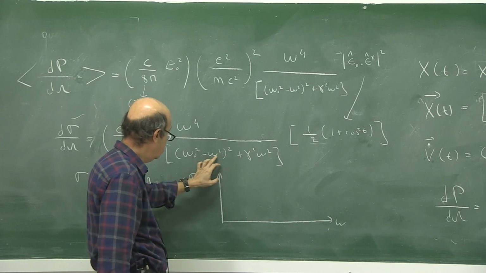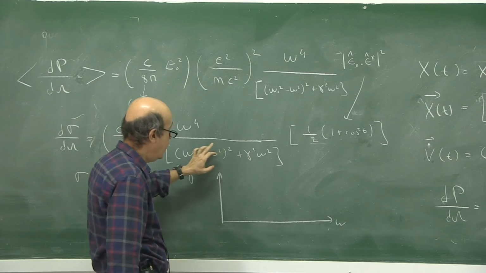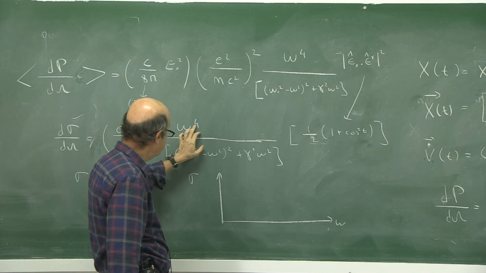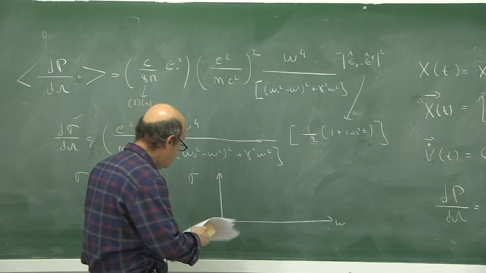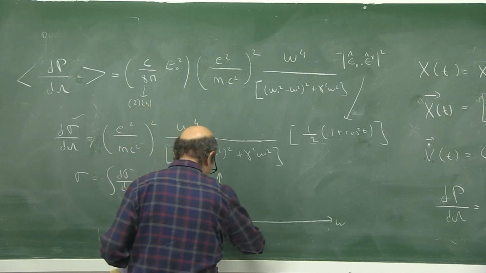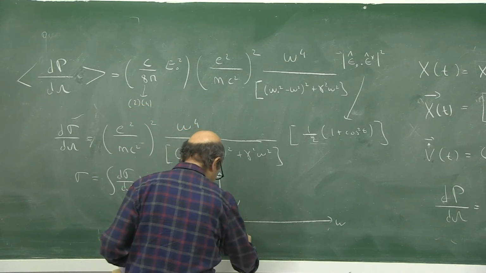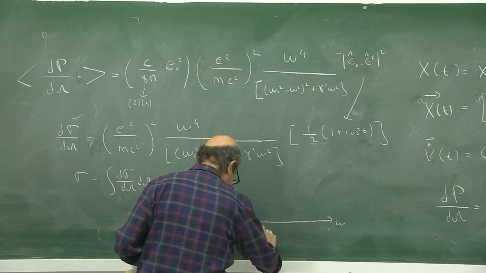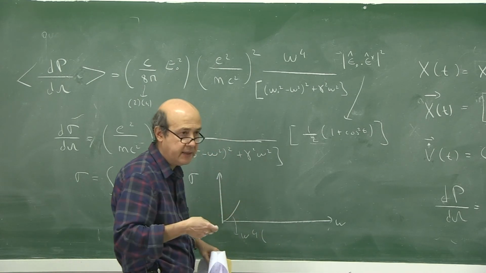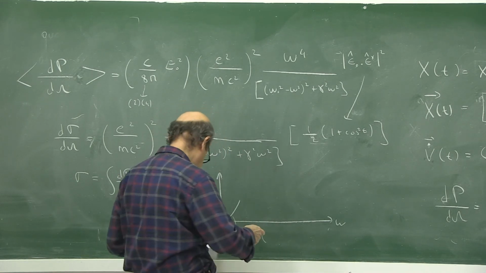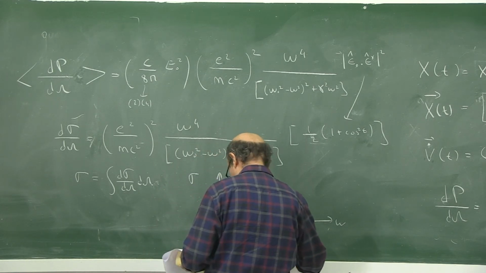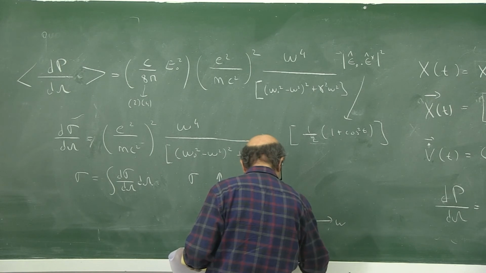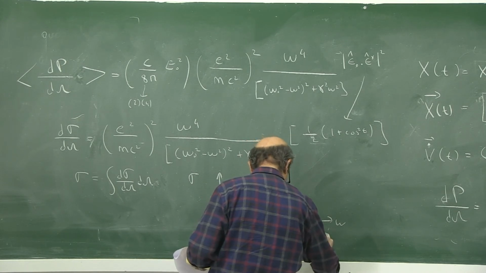These terms are not important, and that goes with omega to the 4. So you know that omega to the 4 is the part of the Rayleigh scattering at low frequencies we studied. So we can call this Rayleigh, low.